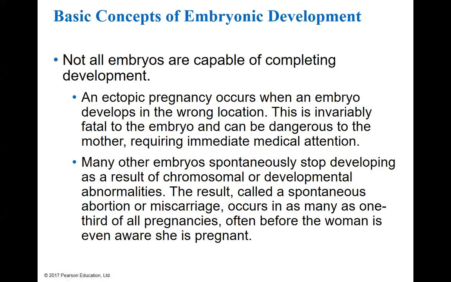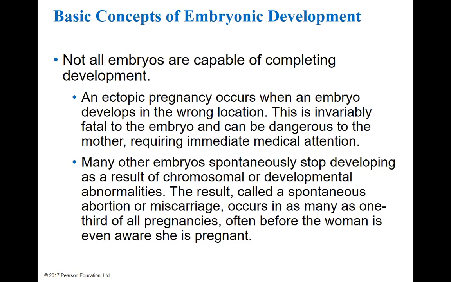So as I was mentioning, not all embryos are capable of completing the development. If the implantation of the embryo occurs in the oviduct, so I've already drawn how the oviduct looks, then this is called an ectopic pregnancy. Ectopic means that the embryo has implanted itself in a location different from the uterus.